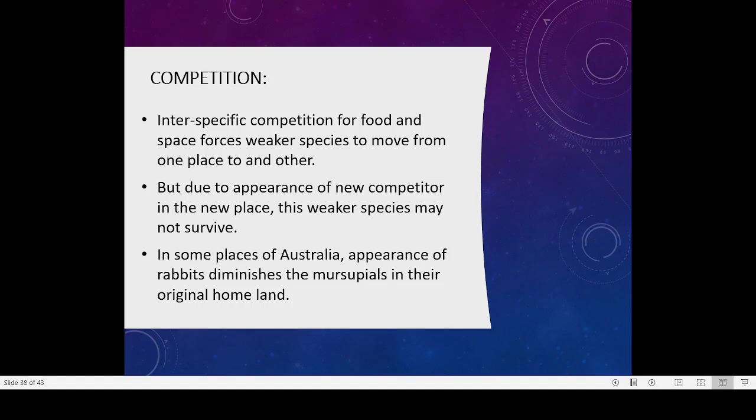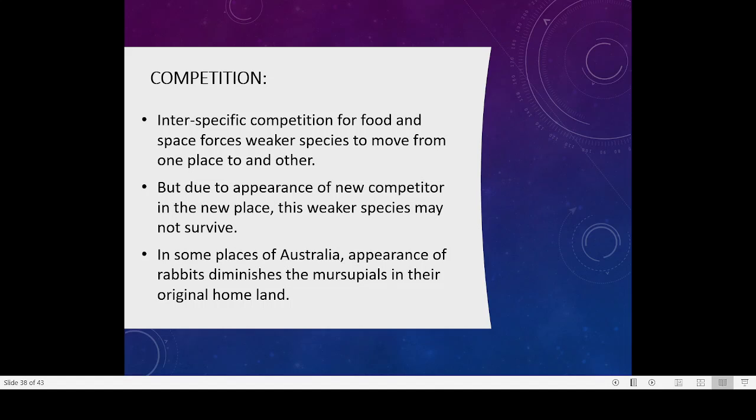Interspecific competition for food and space forces weaker species to move from one place to another. Earlier we have seen the case of the giant squirrel as well as the red squirrel.